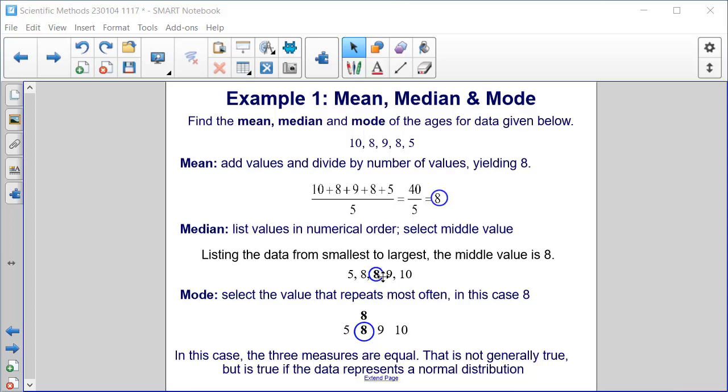And the mode is the value that repeats the most often. In this case, 8 is the only value that repeats. In this case, the three measures are equal: mean, median, and mode. That is not generally true, but is true if the data represents a normal distribution.